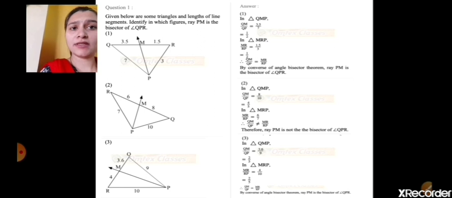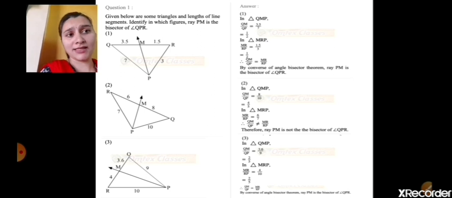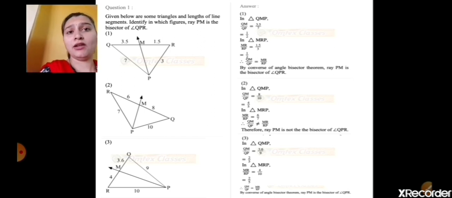Both the ratios are 1 upon 2, right? Are they equal? Yes. As their values are equal, their ratios are equal. Therefore, by the converse of the angle bisector theorem, yes, ray PM is the bisector of angle QPR.